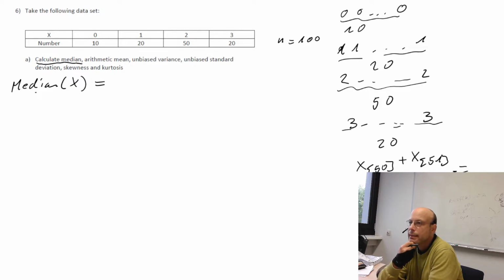x1 is 0, x10 is 0, x11 is 20, x30 is 20, x31 is 50, and until x81 we have also a 2.